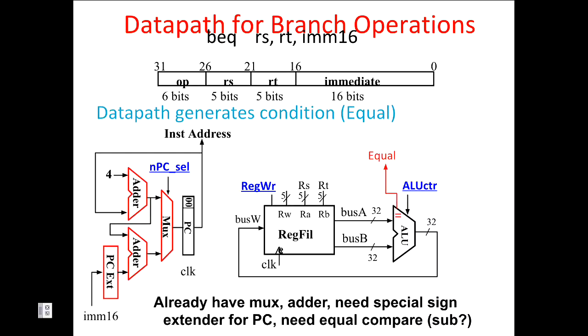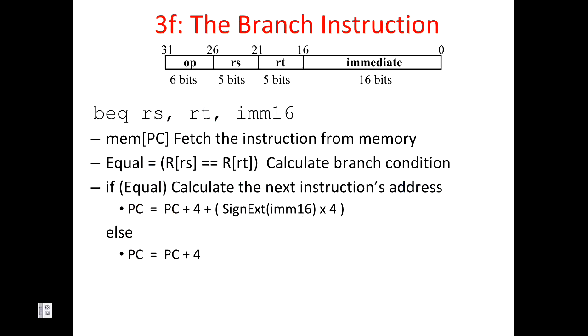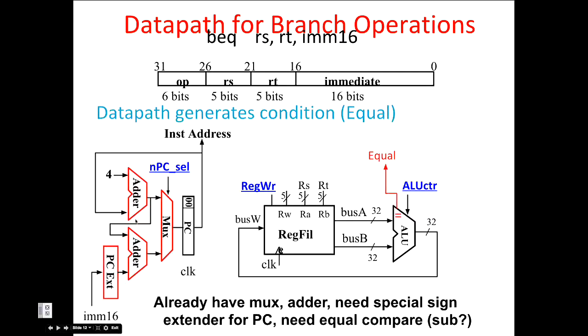So here is what we've come up with for the data path circuitry to be able to do that. We have two possible conditions, which is what this if statement was telling us. In one case, we want PC plus 4. In the other case, we want PC plus 4 plus this offset. That's what this mux right here will do. We have this PC register that stores the current address, going into this adder where we're adding 4.